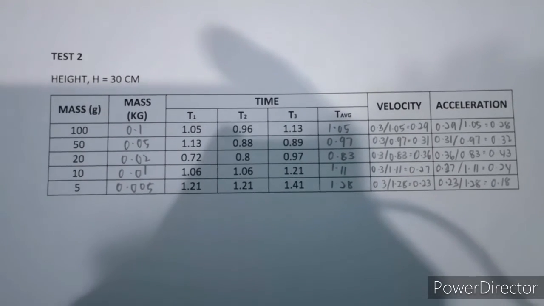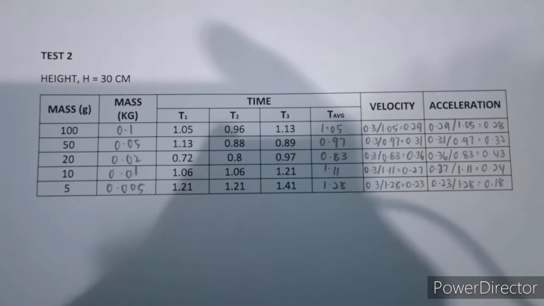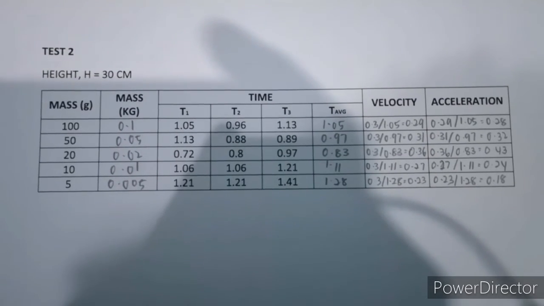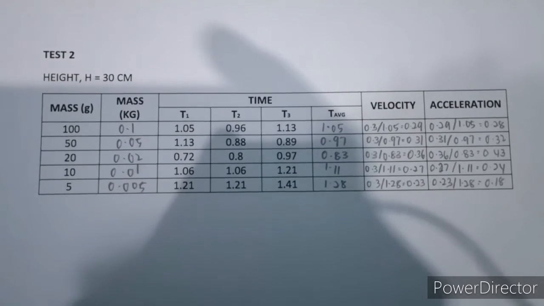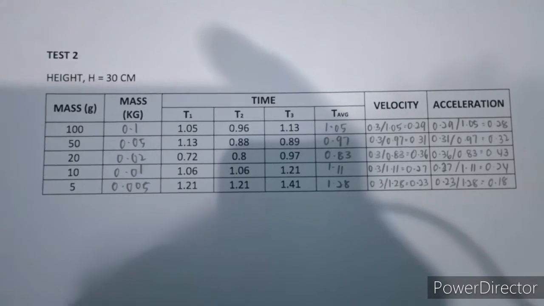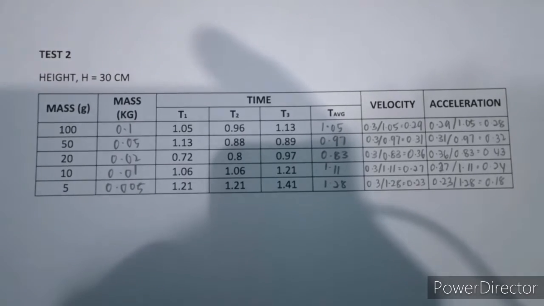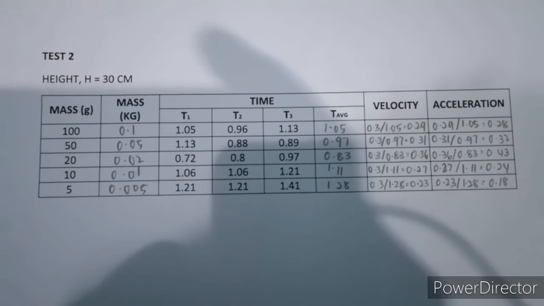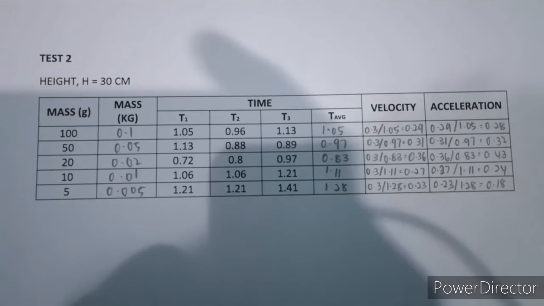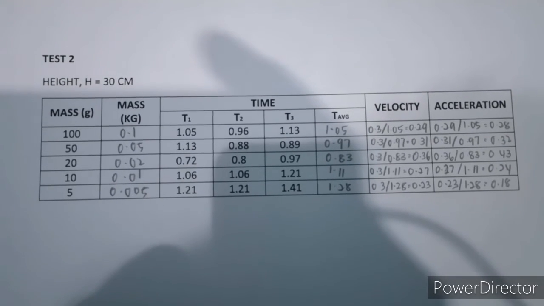So we got the answer for time average, and the velocity is the same. The formula we use is 0.3 from the height, 30 cm up there. So we change to meter, so we get 0.3, and the formula is height divided by time.